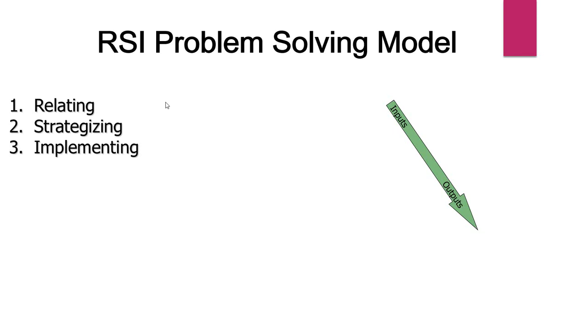I am talking to you, you are listening to me, and if you learn about this RSI problem solving model, at the end that will be the output. I am giving my input, you are listening, that is the process, and the rest is output, whether you are learning or not. So let's see what input is.